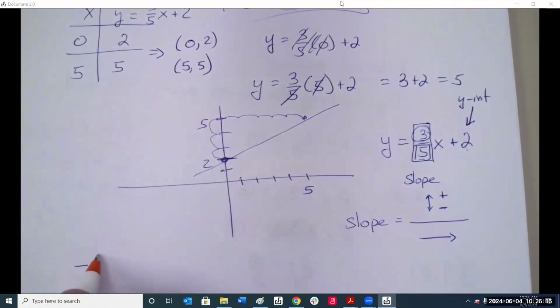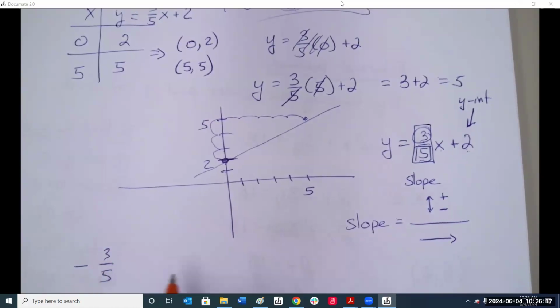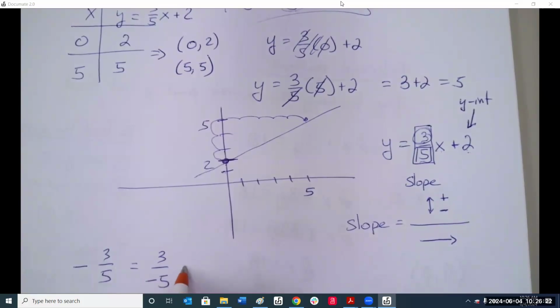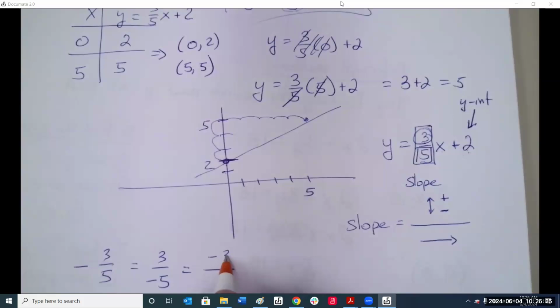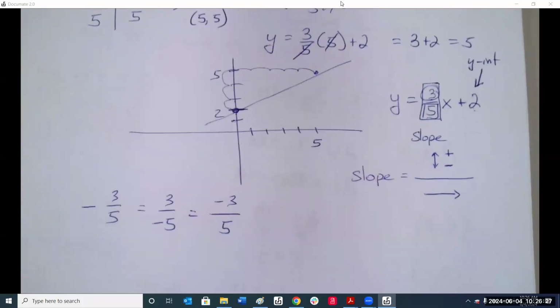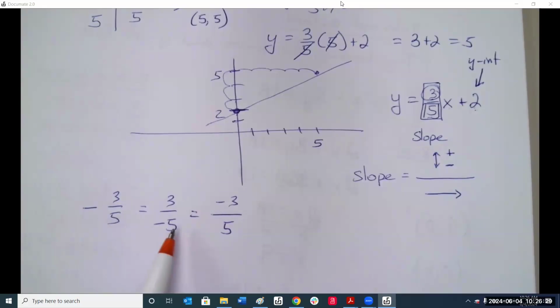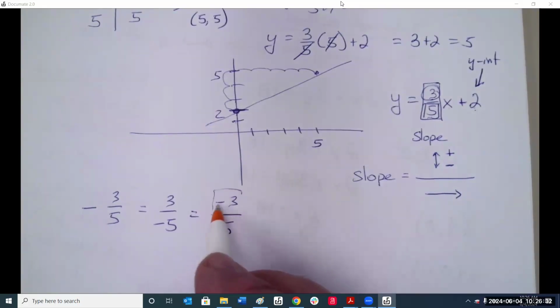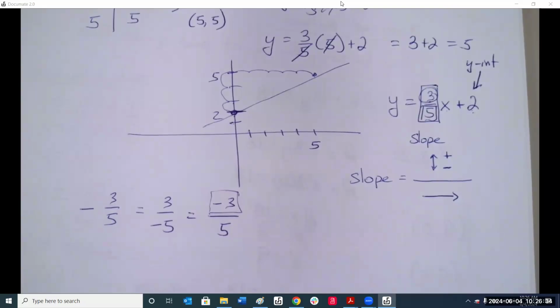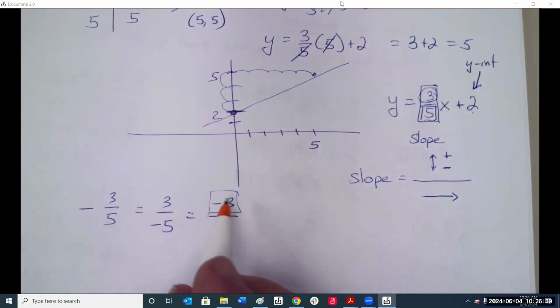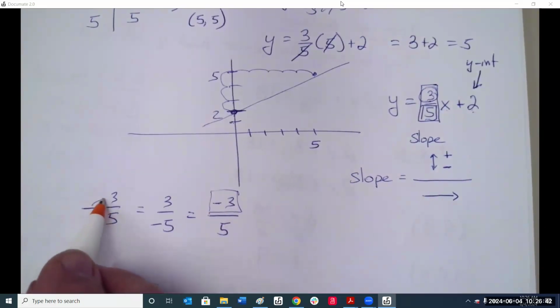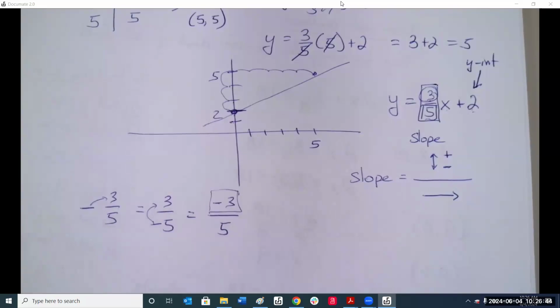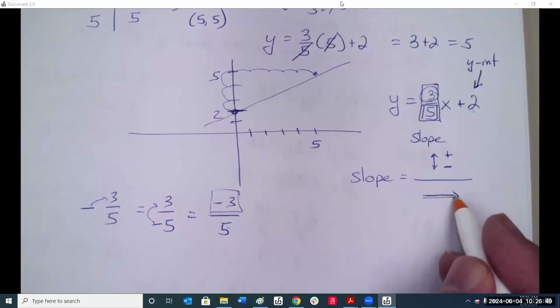In fractions, if you have a sign on it, that negative always goes to the top number. If you have an equation that looks like either one of these, whatever is a negative always goes to the top number. The bottom number is always going to be positive. It always goes to the right.